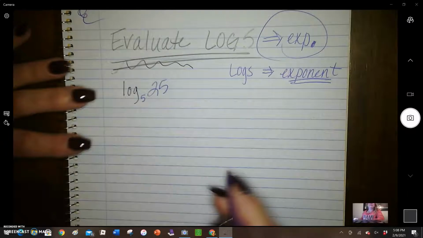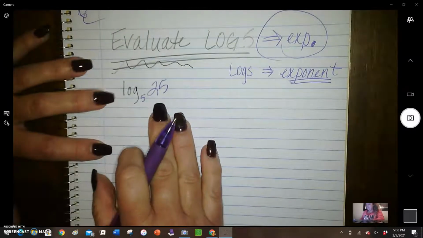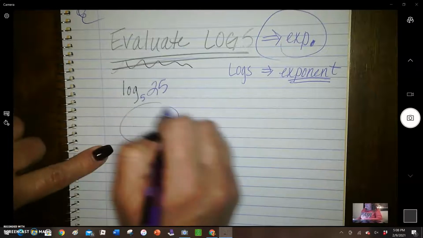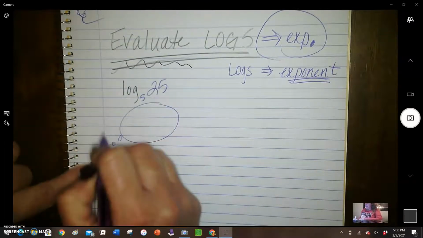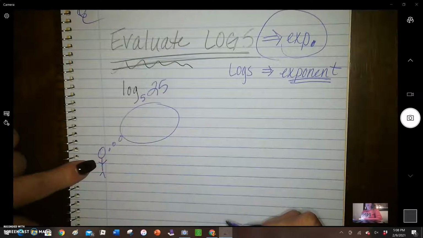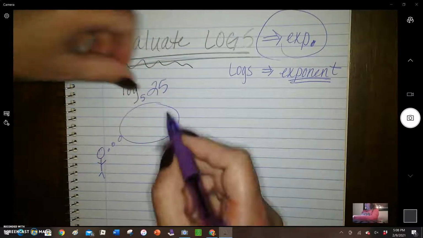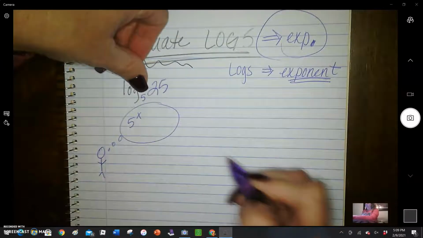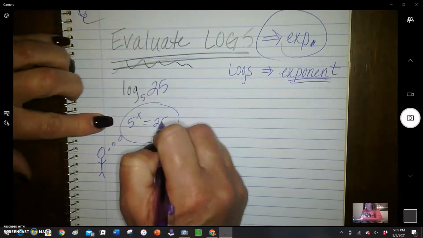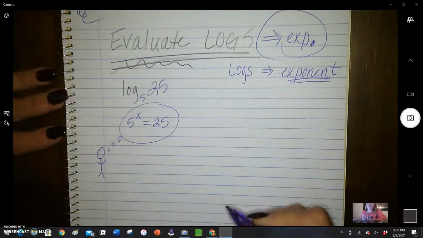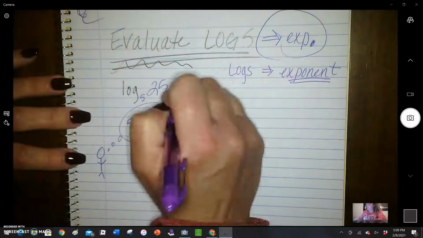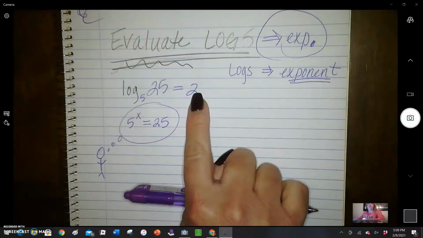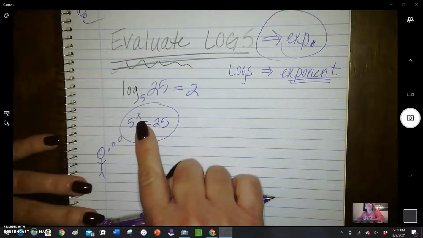So, in other words, if we imagine in our heads this written in exponential form, this would be 5 to the what power is equal to 25. And hopefully by now you're like 2. So the log of 25 with a base of 5 is 2 because that is the exponent, okay?